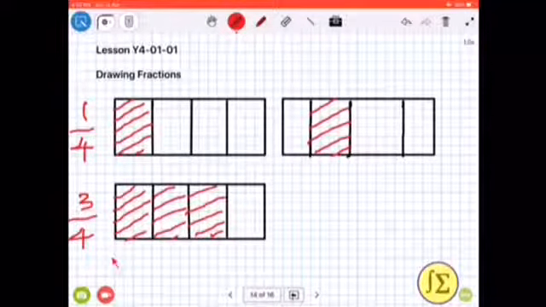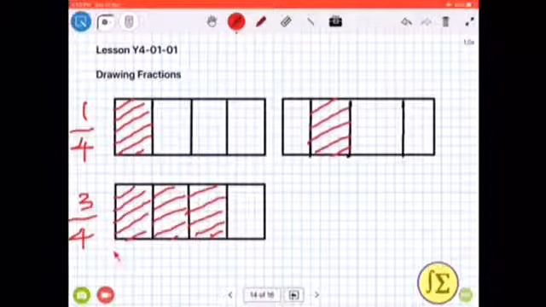Let's look at both fractions, 1/4 and 3/4, right? We can see that the fraction 3/4 has got a larger shaded area than 1/4, right? That means the fraction 3/4 is larger than the fraction 1/4.